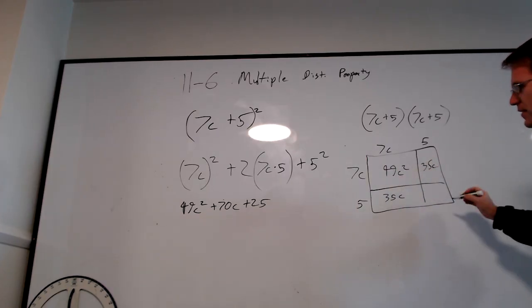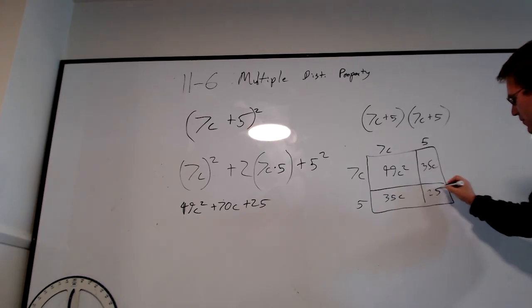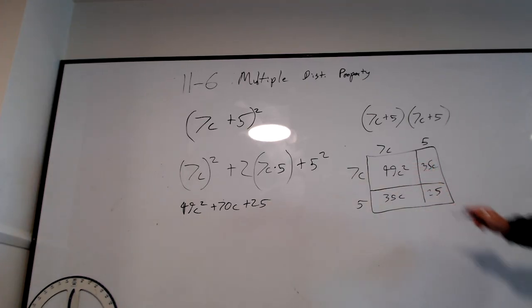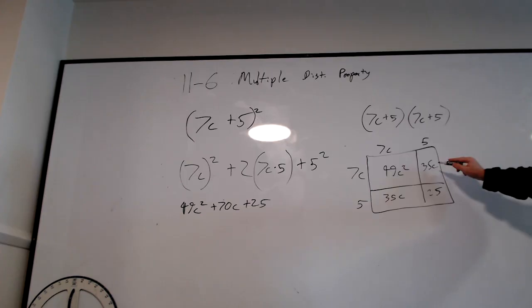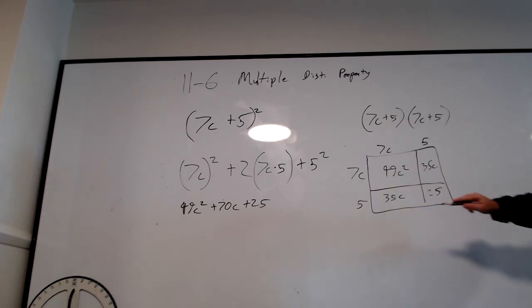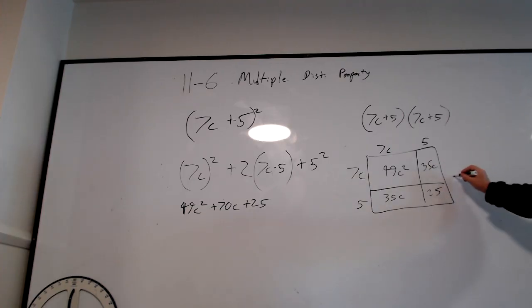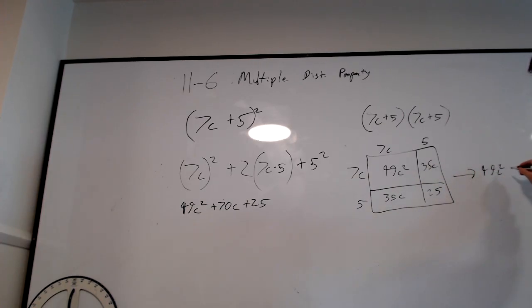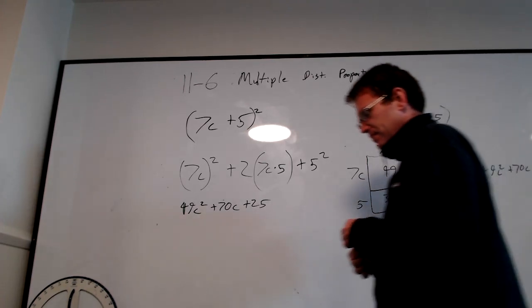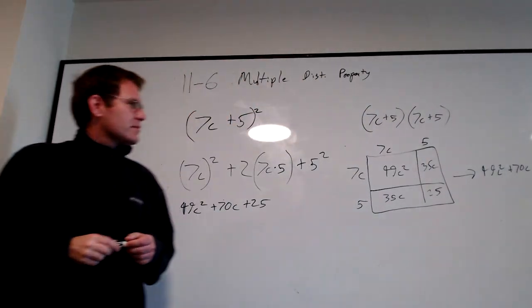And if we take 5 times 5, that's 25. So there's all of our terms. We have 49c squared once, 35c twice, and 5 times 5 once. So that again works out to be 49c squared plus 70c plus 25. Does that make sense to everybody?